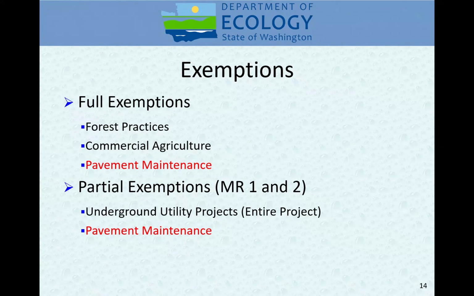If that new pipeline is being installed by someone who's developing a site and putting in a subdivision on that site, and they need to extend the city water and sewer 5 blocks from where the city water and sewer ends, and they're building a pipeline, 2 pipelines in the city, that utility project is not exempt.